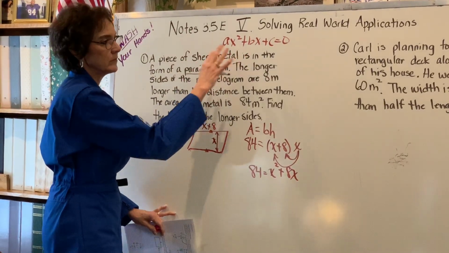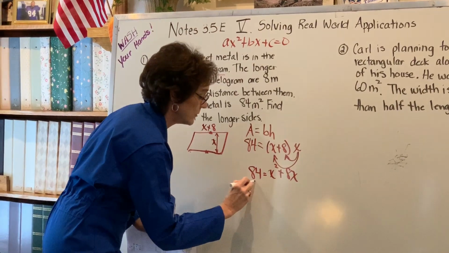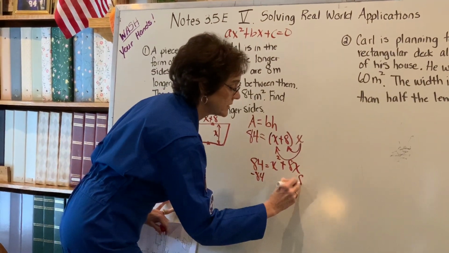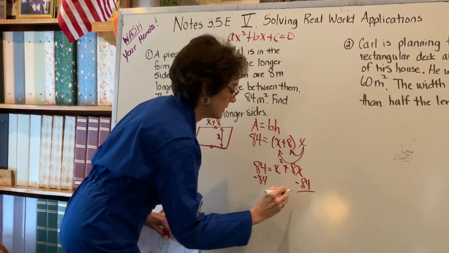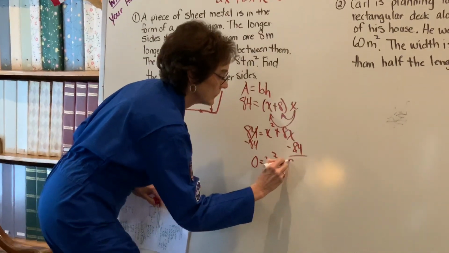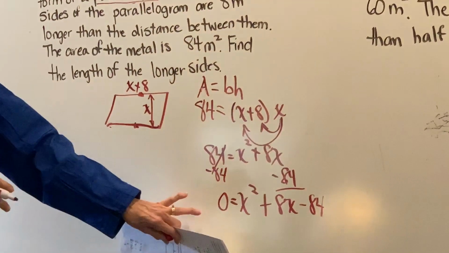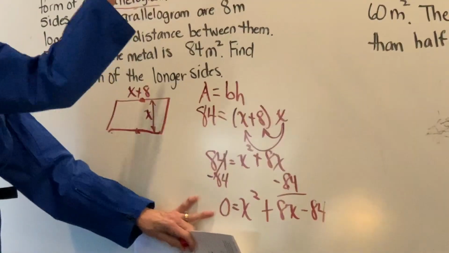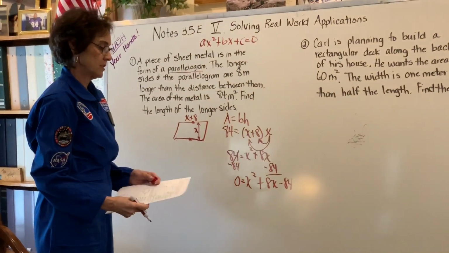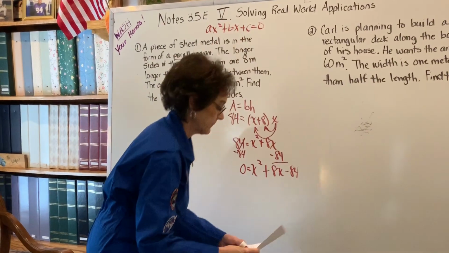Still not quite right, but what we can do is just move the 84 over here, subtract it from both sides. As long as it equals 0, it's all good. So that equals 0. So that is actually the same as this. It's just flipped, and that's fine. It just needs to equal 0. All right, here we go. So now we can solve it.